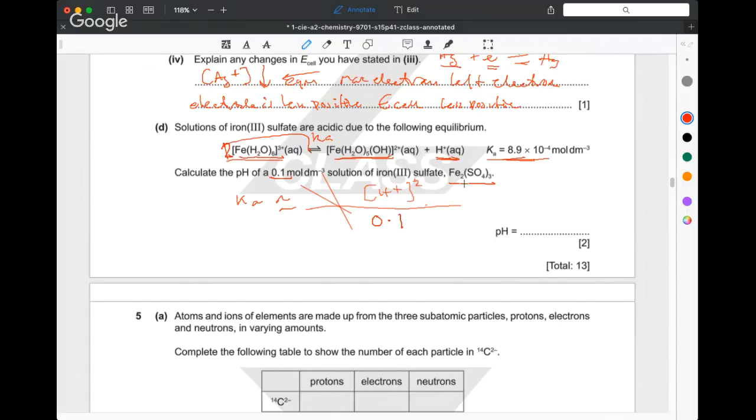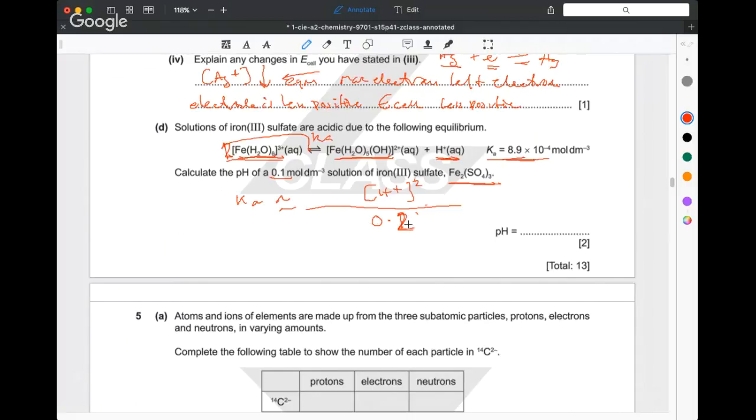So the concentration isn't 0.1, because that was the concentration of this iron sulfate, which contains two iron ions, and so the concentration of iron complex in solution is 0.2. So you ended up with a calculation here where the acid dissociation constant is approximately equal to the hydrogen ion concentration divided by 0.2.